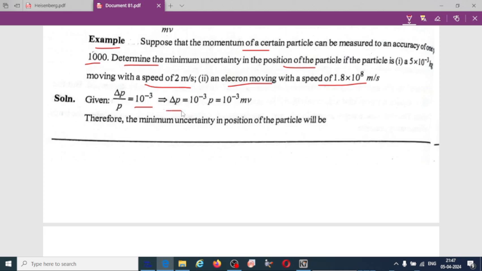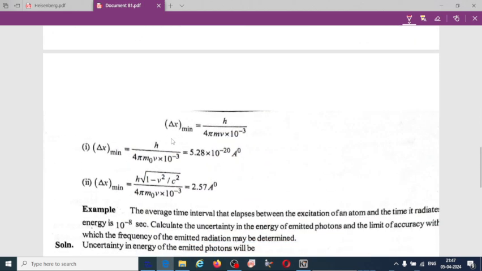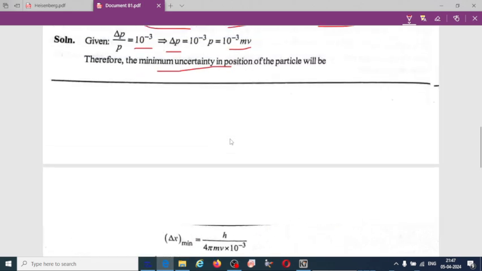So delta p is equal to what? 10 to the power minus 3 into p, that is m into v. Therefore the minimum uncertainty in position of the particle will be delta x minimum is equal to h divided by delta p value.